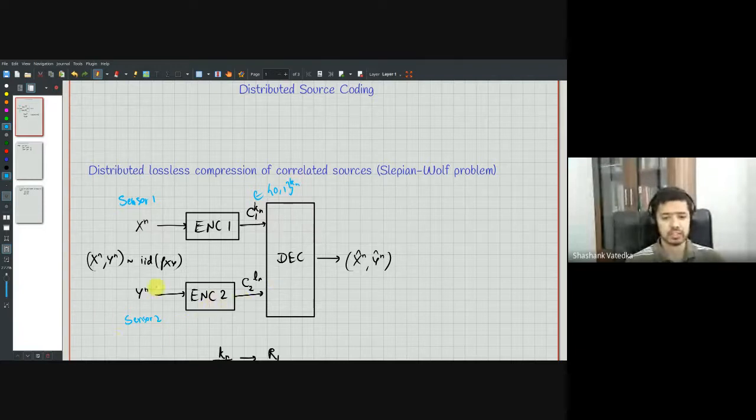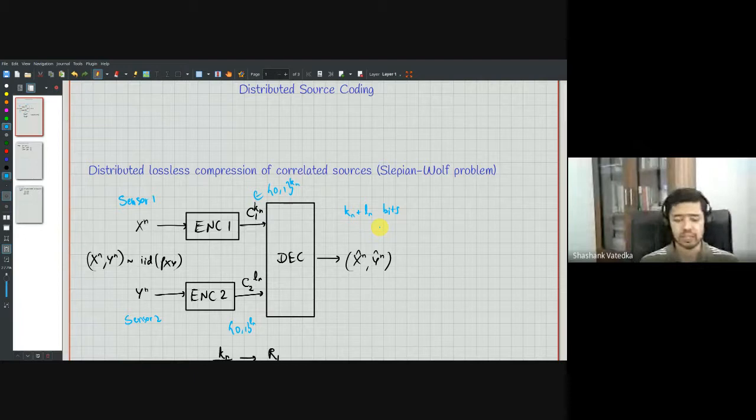Similarly, sensor 2 compresses its n measurements to, let us say, ln bits, and this is sent to the server. The server gets these bits together, so it gets to see a total of kn plus ln bits, and from this has to recover both x^n and y^n.